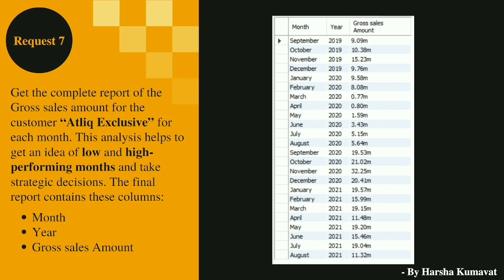This request is regarding getting the complete report of the gross sale amount for the customer Atliq Exclusive for each month. This analysis helps to get an idea of low and high performing months and take strategic decisions. So here is the output which we got after running the SQL query.